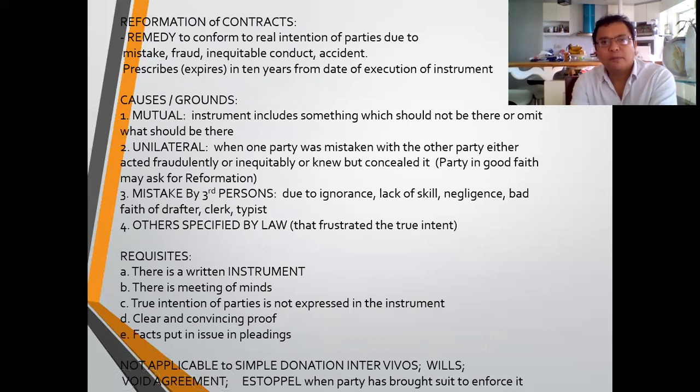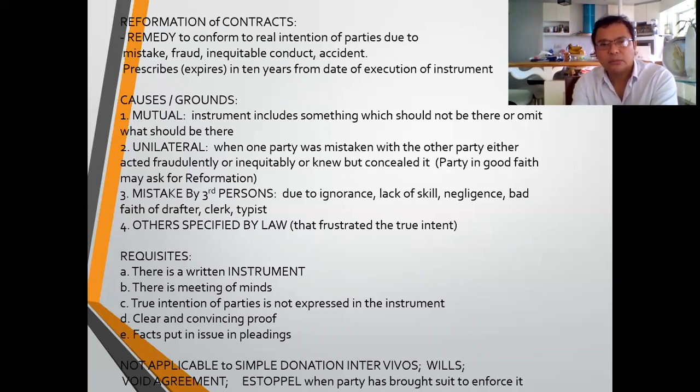Then we have reformation of contracts. This is a remedy to conform to the real intention of the parties due to mistake, fraud, inequitable conduct, or accident. So when the parties commit a mistake in making a contract, so instead of a contract of sale, they made a contract of donation, there is error in the title.